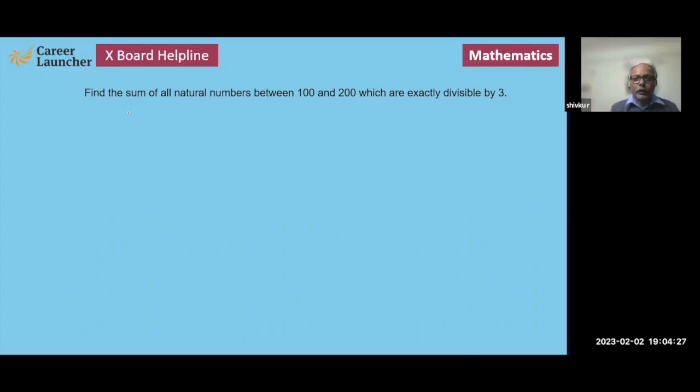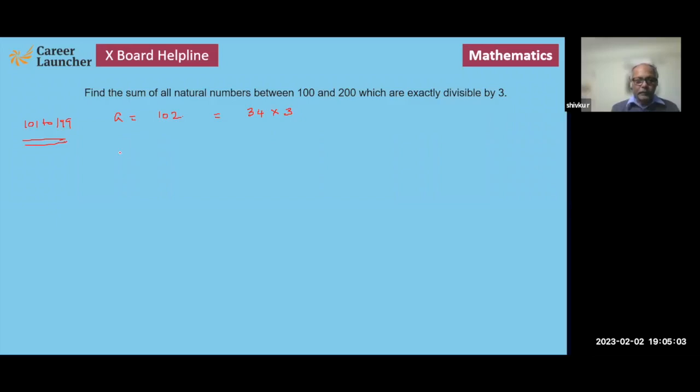Whenever we're talking about numbers that are exactly divisible by 3, we are counting from 101 to 199, both of them included. दोनों को include करके हम काउंट कर रहे हैं 101 से लेके 199 तक। तो जो पहला नंबर है that is divisible by 3, the first number that is divisible by 3 is 102. 102 is what? 34 into 3, times 34, right?